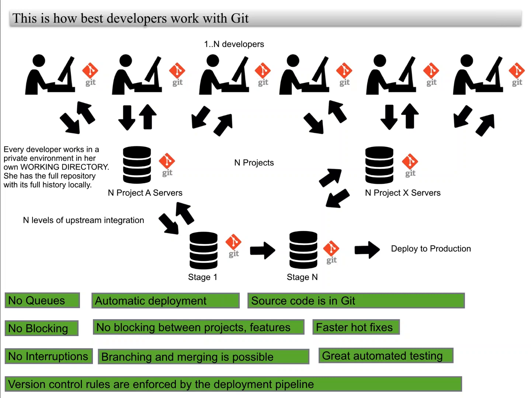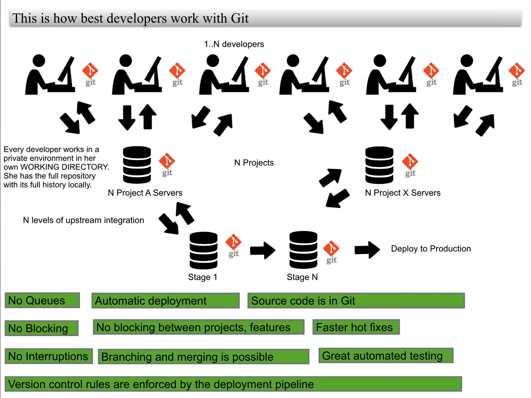This doesn't break anything. The only thing that happens is that their push to the higher-up level is rejected. They have to pull from the higher-up repository, resolve the conflict, and push up again, going through all these checks and these tests: unit tests, integration tests, functional tests, whatever. So they try to solve issues close to the developer, not at the highest levels.